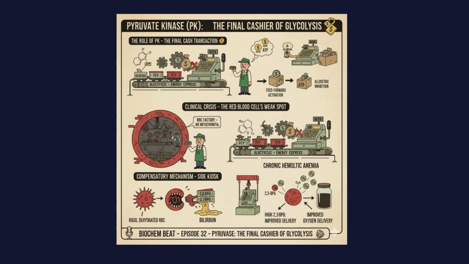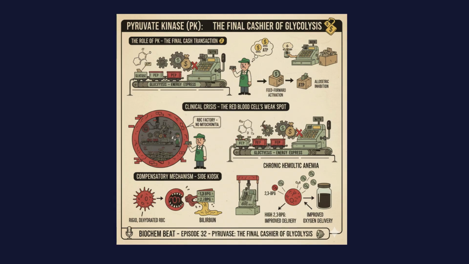Consequences: when PK is deficient, the intermediates just upstream pile up. One of these is 1,3-bisphosphoglycerate. It's shunted into a side reaction to make 2,3-bisphosphoglycerate. So the stalled checkout line causes customers to move into the side kiosk.